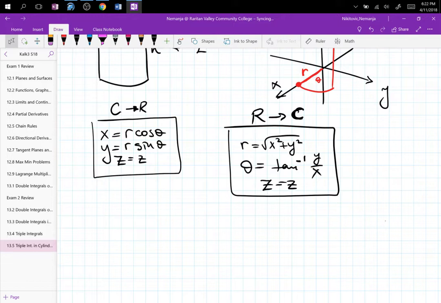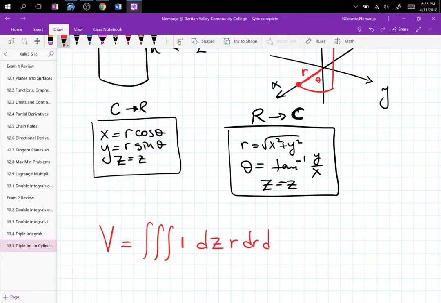So what do we want to do now? Well, first I want to define the integral for volume in cylindrical coordinates. So volume is going to be given by the triple integral. I will put 1 inside, and then first we're going to have dz, and then I will have my regular string, which is r dr d theta.